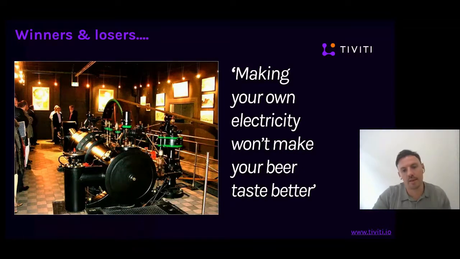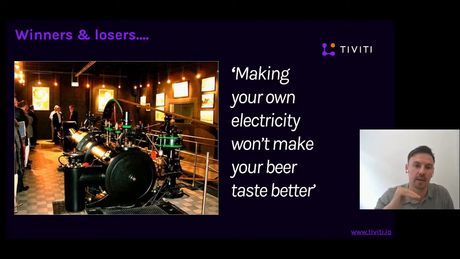Back then the national grid wasn't as stable as it would have been, and essentially these brewers used to make their own electricity. What they found over time was that the brewers who had not adopted what then became the more stable national grid fell behind their competitors, because as an organisation they were spending too much internal time and resource on what is essentially a commoditized or utility service.